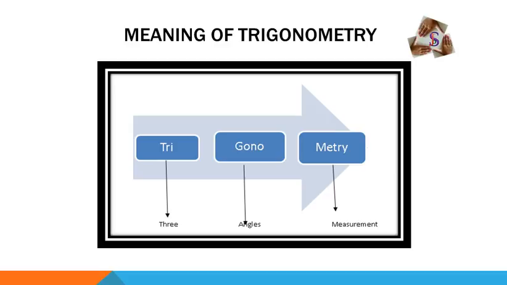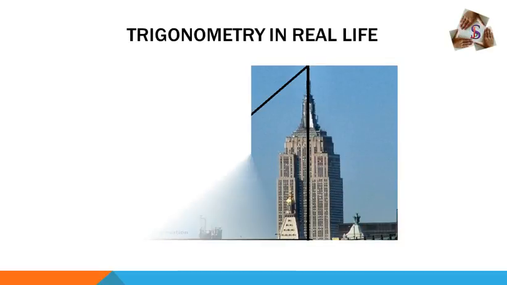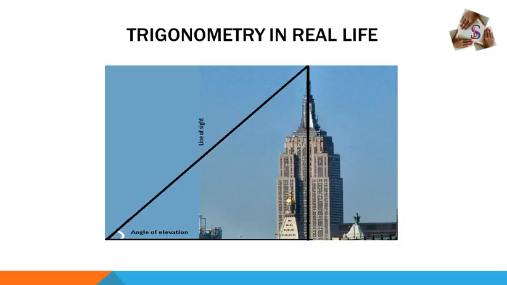Now let us understand why the learning of trigonometry is so very important. I would like to measure the height of this star. Trigonometry helps us to find the height of a tower, mountain.